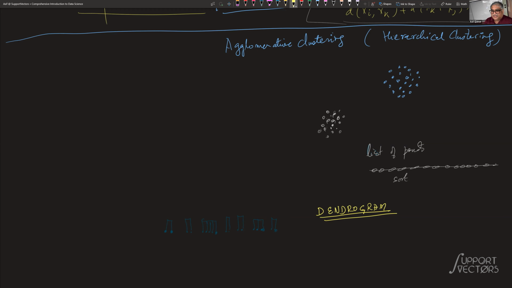Now comes the question. Suppose I were to ask this question: if you look at this point, what is its nearest neighbor? Let me name these points: A, B, C, D, E, F, G, H, I, J, K, L, M, N, O, P, Q, R. So if I were to ask, what is the closest neighbor to D?